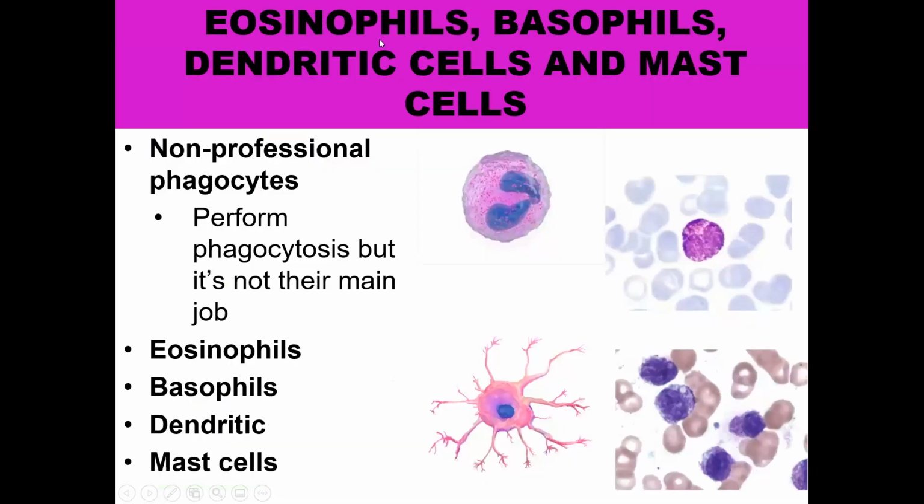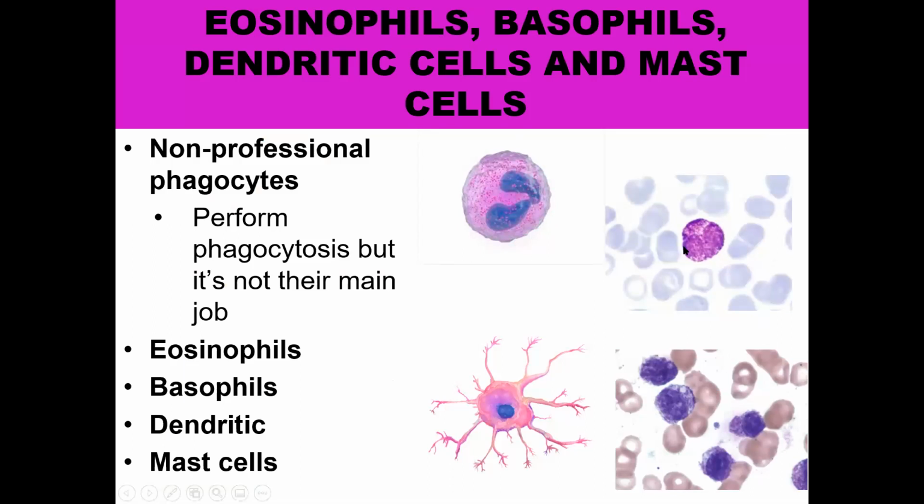We've talked about eosinophils and basophils before. These are other white blood cells. They also can perform phagocytosis. It's not their main job. Remember, eosinophils, they mostly function in parasitic worm infections.